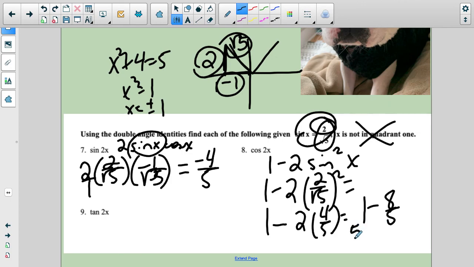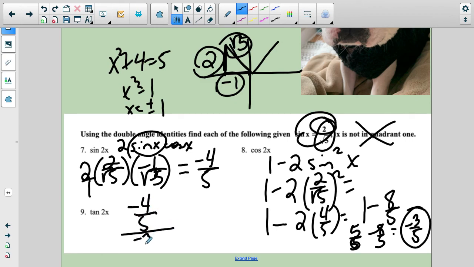That gives me 5 fifths minus 8 fifths, which gives me negative 3 fifths. That's cosine 2x. And then for tan 2x, I'm going to put sine 2x over cosine 2x, and I'm going to get 4/3 for my answer when I do keep change flip.